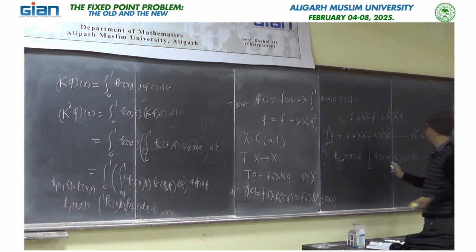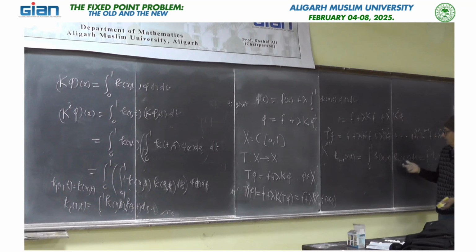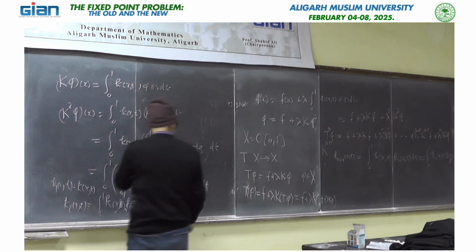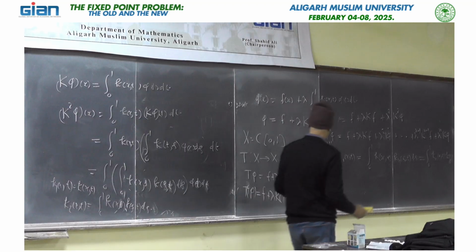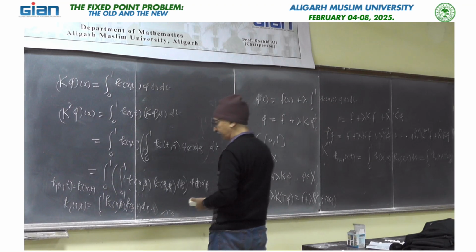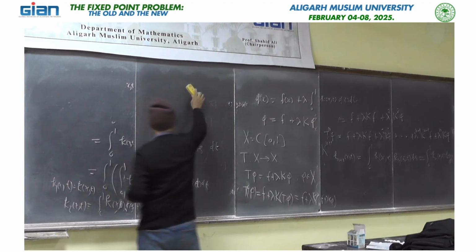By symmetry, whether you write n here or here does not matter, it is the same thing. So those are all integral operators, and continuing this way, what we get finally is the following series, that is called the Neumann series.